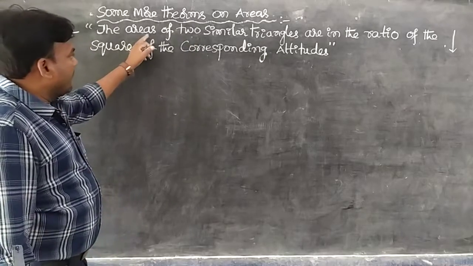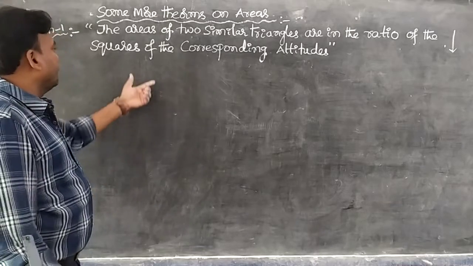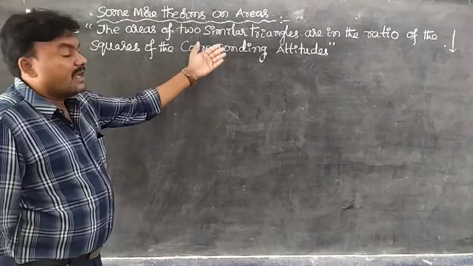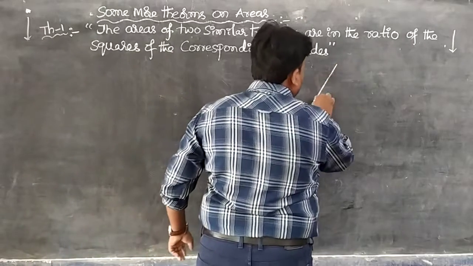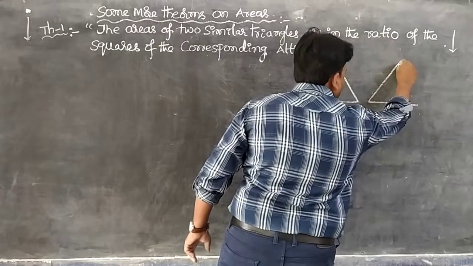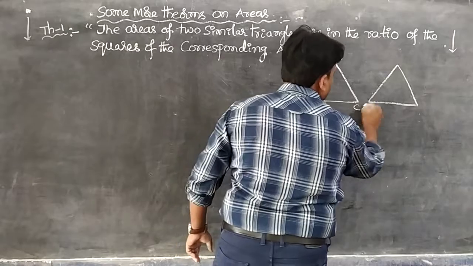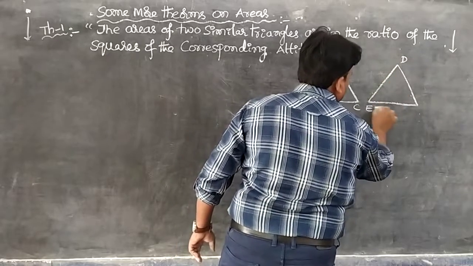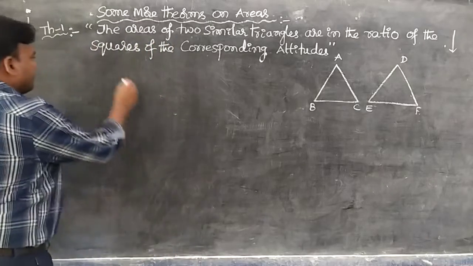Here observe, the areas of two similar triangles are in the ratio of the squares of the corresponding altitudes. We have taken two similar triangles ABC and DEF as shown here. So that implies the given part.